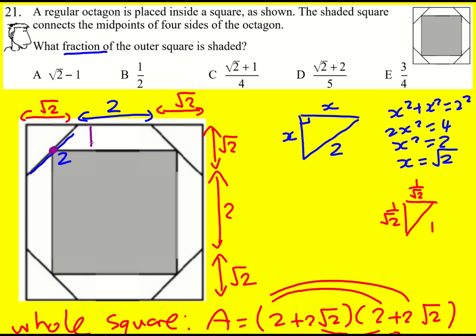So that means that this length, because the whole amount was root 2, is going to be root 2 over 2. But then so is this. So if I add those two together, then the bit that I lose from 2 plus 2 root 2 is actually a whole amount of root 2.